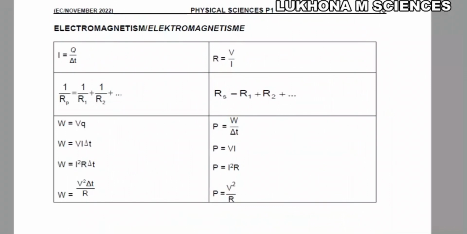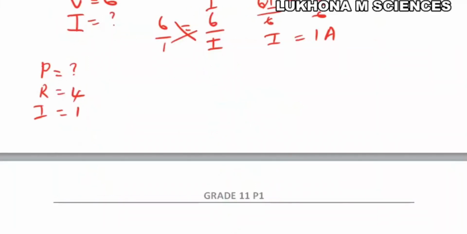We have power, current, resistance, which means we're going to use this formula. Okay, let's go back. So power is equal to I squared R. You have 1 squared times 4. Then 4 watts. Then the question is answered.